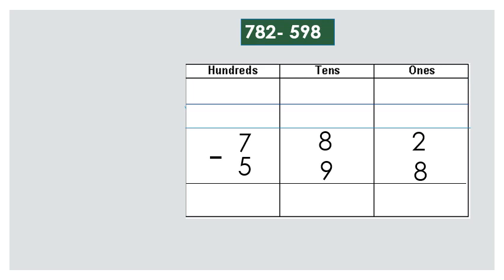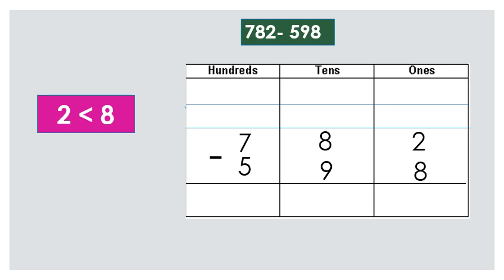Let us subtract 782 minus 598. After arranging all the numbers according to their place value and in proper column, subtract the ones column. 2 minus 8. 2 is less than 8. So we cannot subtract 8 from 2.